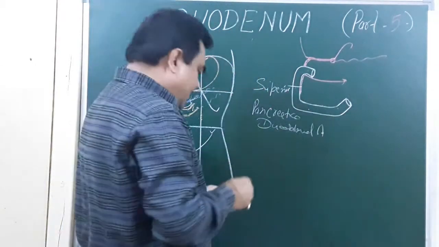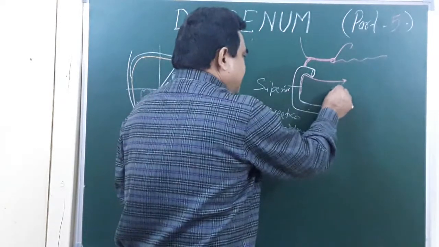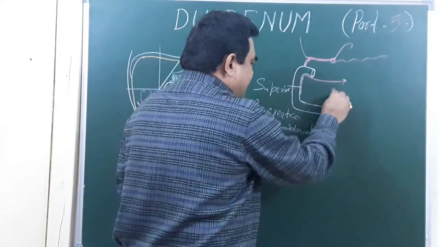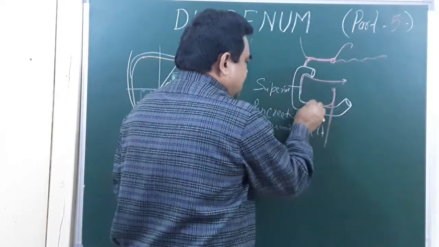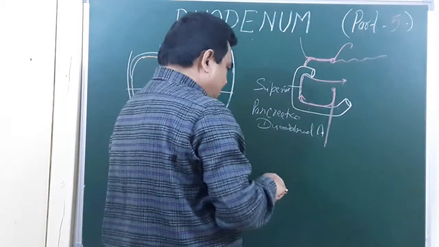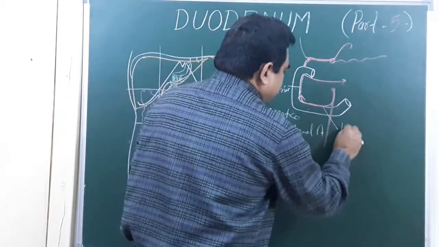Here is the superior mesenteric artery. It gives a branch, the inferior pancreaticoduodenal artery.